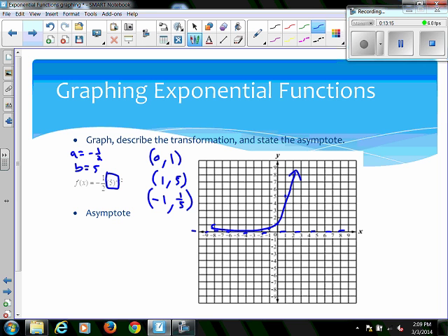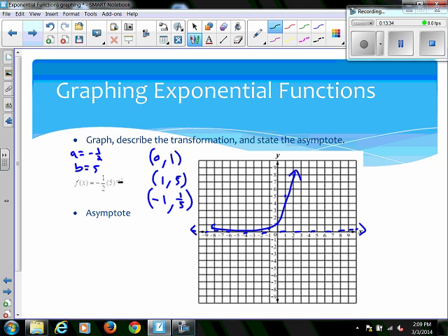Now, the next thing that I need to do here would be take care of the subtract 2. This would be a horizontal shift right 2 units.